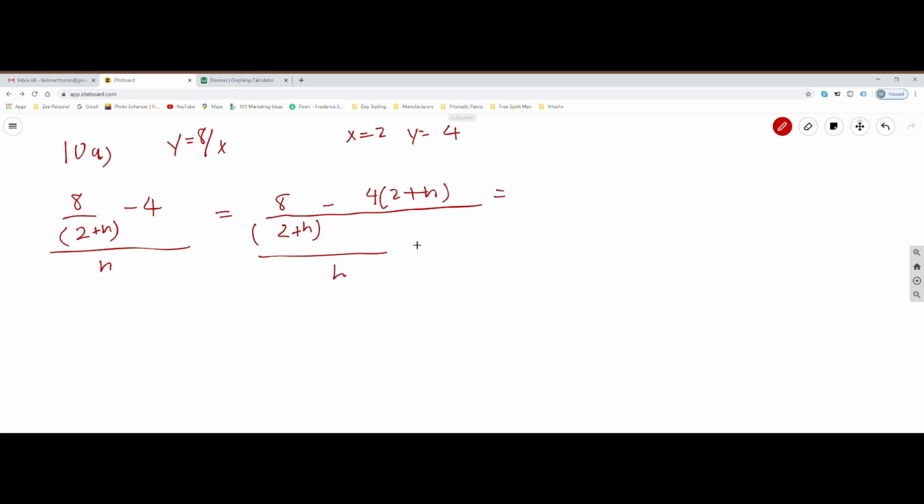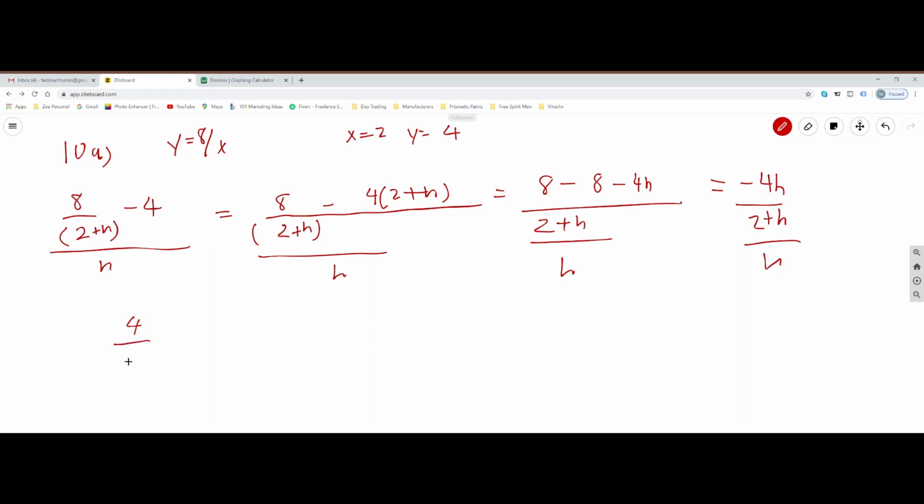over h. So 8 minus 8 minus 4h over 2 plus h over h. So we're left with minus 4h over 2 plus h over h. So 4 over 2 plus h, sorry, that's negative. Oh yeah, then there was h. How do we miss that?